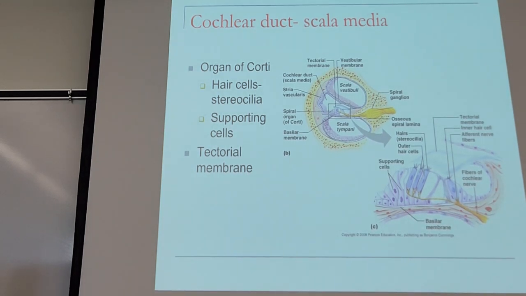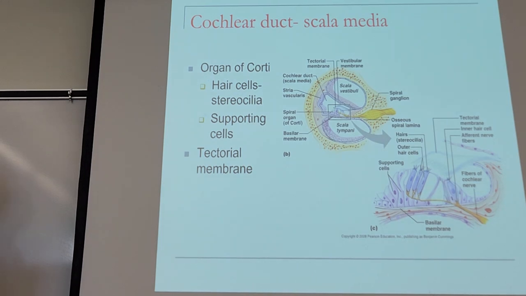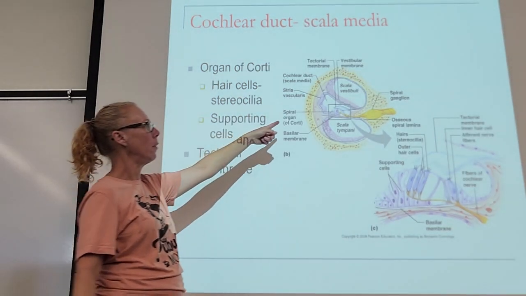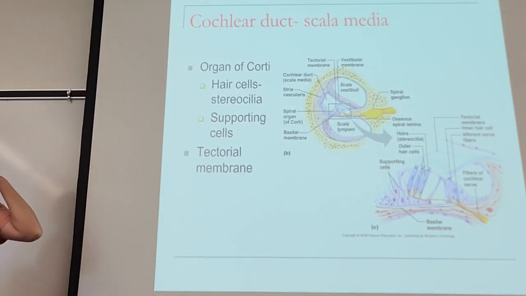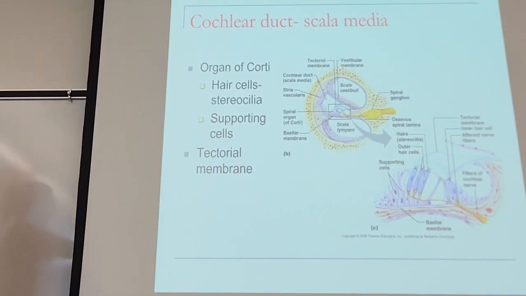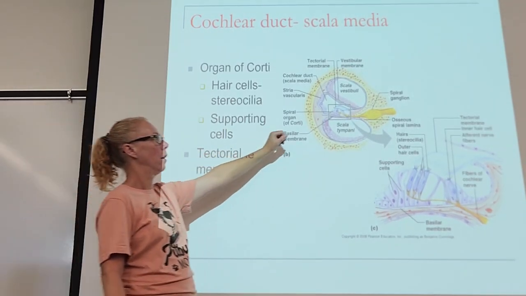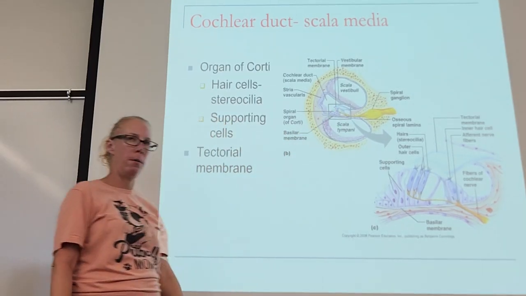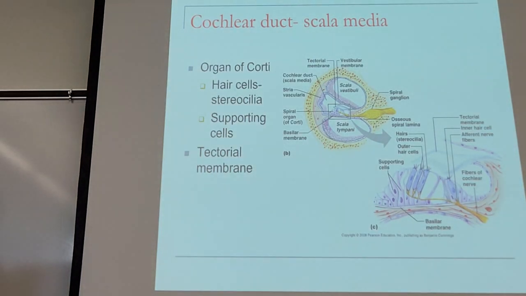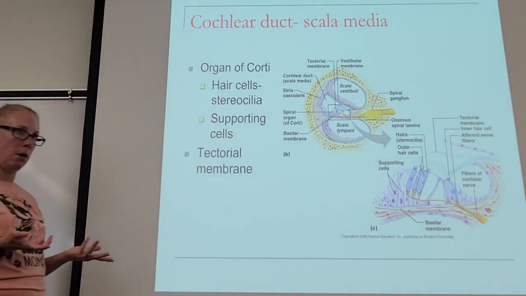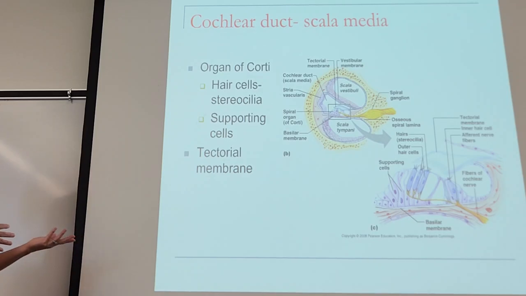Okay. So, sound waves come in, vibrate the endolymph. Okay? It's going to cause the tectorial membrane to move. Tectorial membrane is going to pull on the hair cells, firing off nerve impulses that are going to go down the vestibulocochlear nerve, specifically the cochlear division, because it's just about hearing.